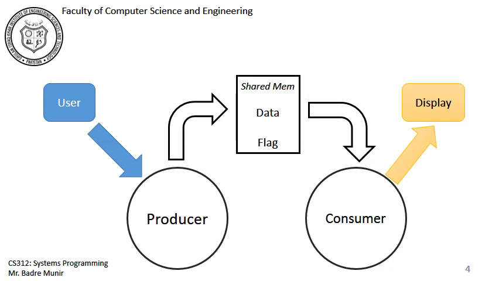Meanwhile, the consumer process is stuck in a busy waiting loop, and when the flag value is raised from 0 to 1, it comes out of its busy waiting and it is going to retrieve the data item. After retrieving the data item, it is going to reset the flag down to 0 and will display the item on screen as well.